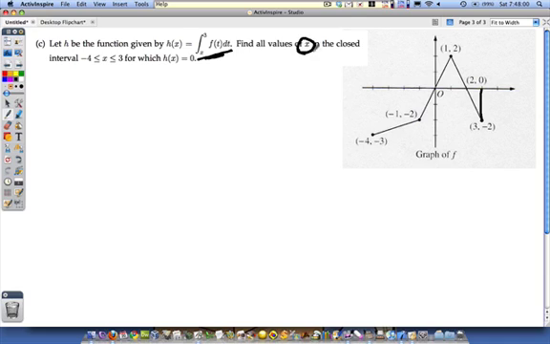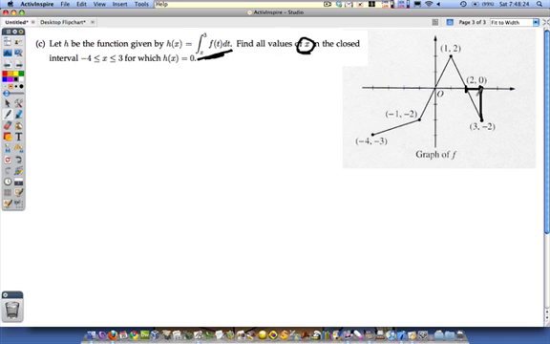We've got to find all the values of x that will cause this integral to be 0. So what they're saying is, what values of x will make the signed area from x to 3 equal to 0? Well, I see a couple of them actually. Let's talk about right here. Suppose x is 2. Is the signed area from 2 to 3 going to be 0?